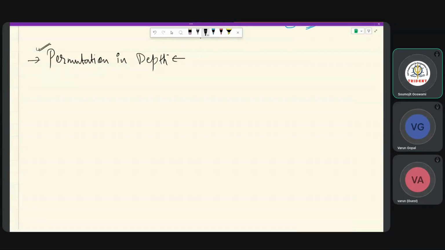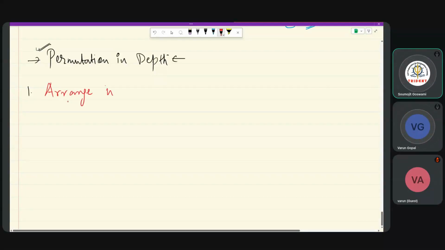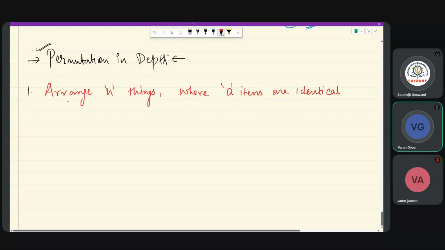Now, here we have been arranging n things taking r at a time, but here the arrangement will be, please pay attention, arrange n things where a items are identical and b items are identical. Please understand what I have said.